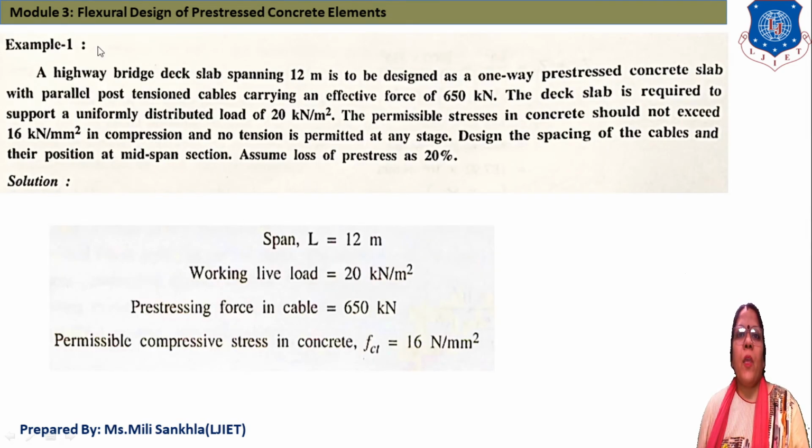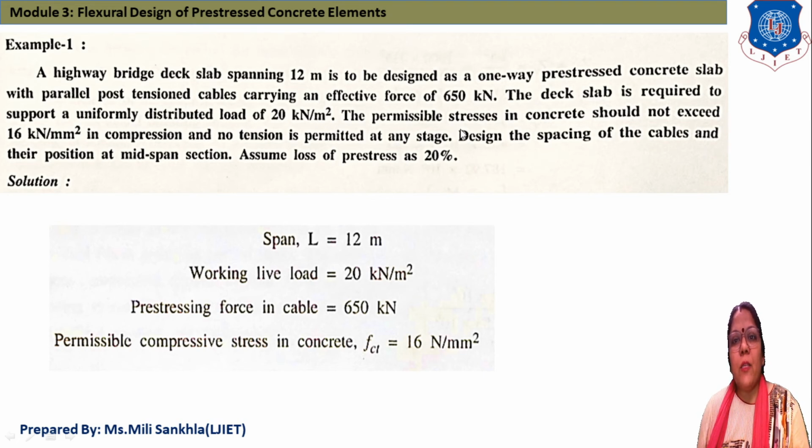Next example: a highway bridge deck slab spanning 12 meter is to be designed as a one-way prestressed concrete slab with parallel post-tension cable carrying an effective force of 650 kilonewton, that is PE. The deck slab is required to support a uniformly distributed load of 20 kilonewton per meter square.